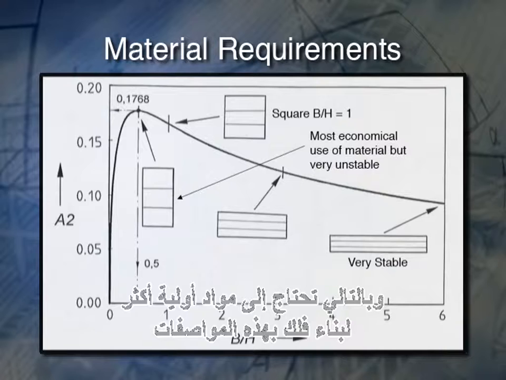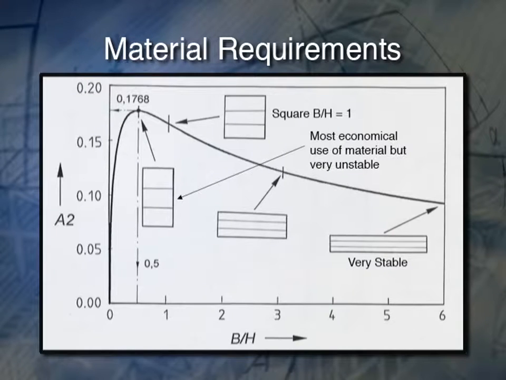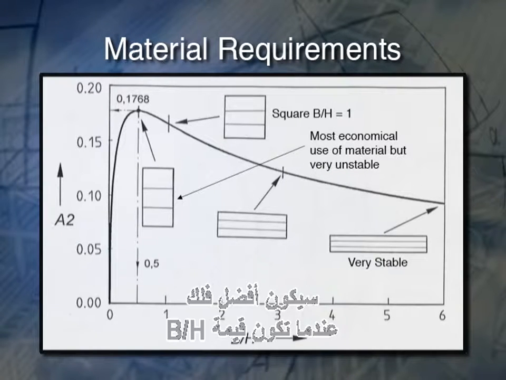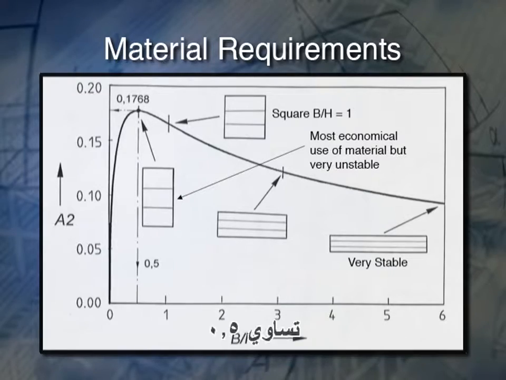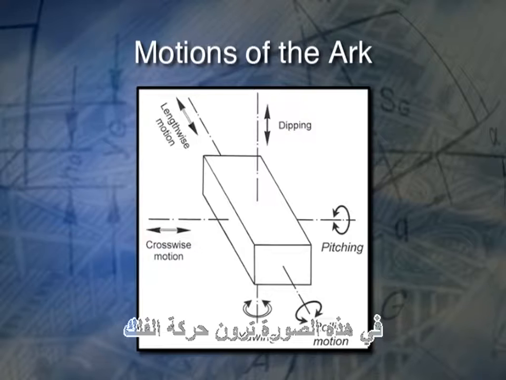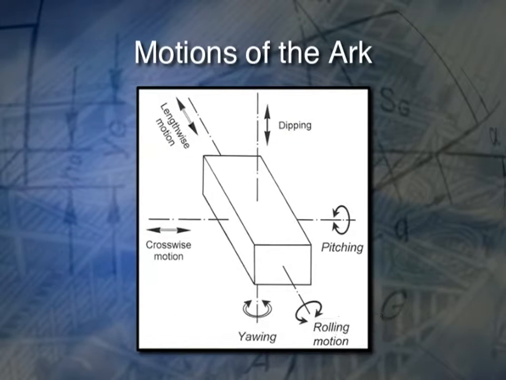So it needs very much material to construct such an arc. But from the viewpoint of material requirement, it would be the best arc if we use b over h for the value 0.5.